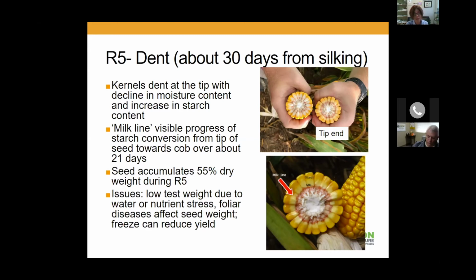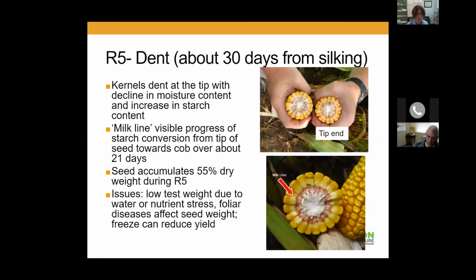So the things that impact seed weight and seed fill, obviously water stress, but also nitrogen, phosphorus deficiencies, ear diseases, foliar diseases, especially those that impact the top of the canopy, because those leaves above that ear contribute a lot to that ear.